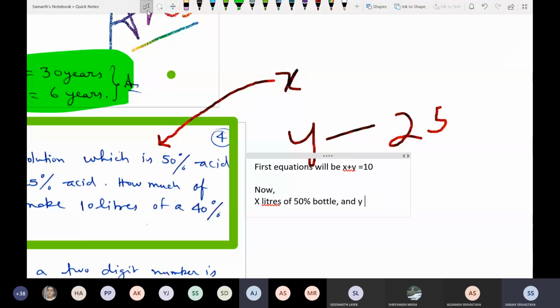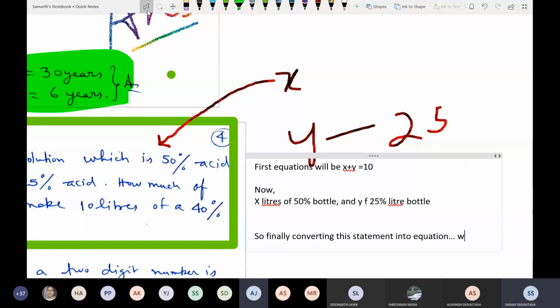So 50% of x plus 25% of y is equal to 40% of 10. When you remove the percentage sign, that means 50 upon 100 into x plus 25 upon 100 into y is equal to 40 upon 100 into 10. When you simplify, you will get 50x plus 25y is equal to 400, because on both sides 100 will be cancelled.